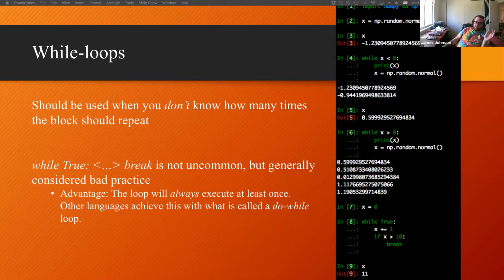That contrasts to if I had said while x less than or equal to 10, and x was equal to 12, it would stay as 12. It would not execute that plus equals 1, and it would stay where it's at. So if you need that type of behavior where the while loop is guaranteed to go at least once, you should use a while True break construction.